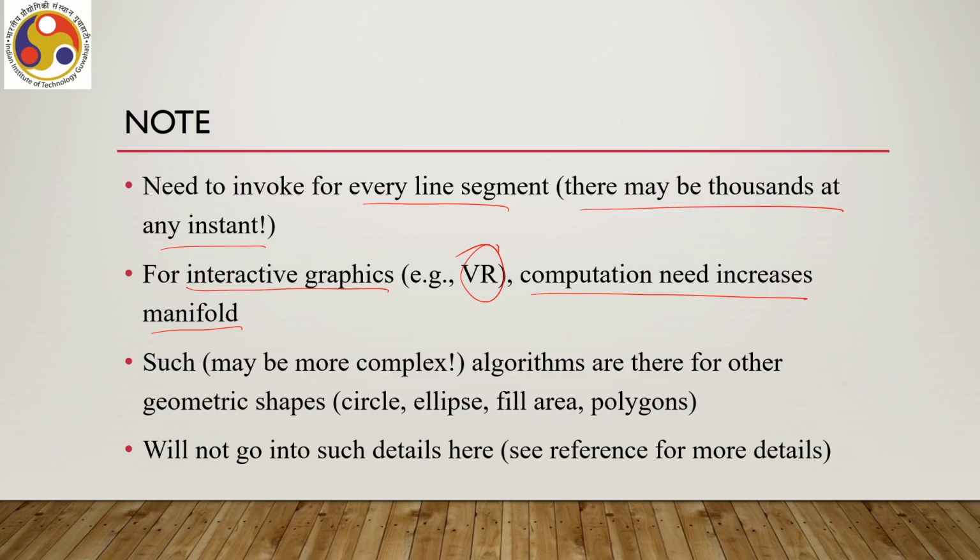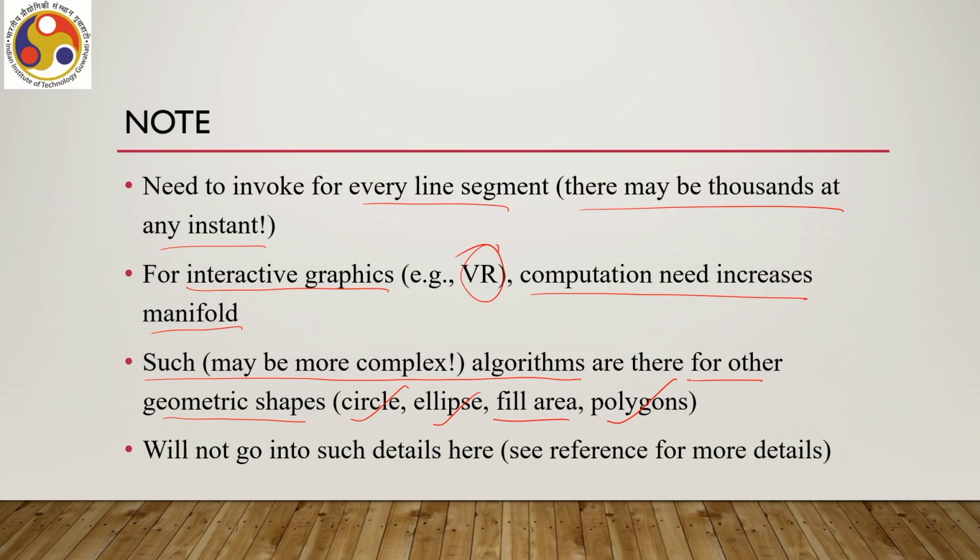That means again redrawing hundreds of thousands of lines. Such algorithms are there for other geometric shapes. Of course, those are a little more complex compared to line rendering, shapes such as circle, ellipse, fill area, or other polygons.